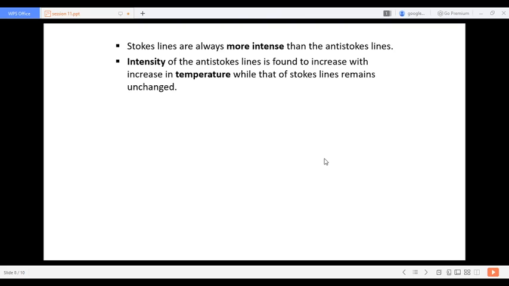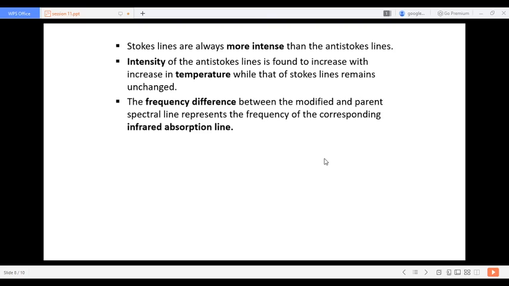Stokes lines are always more intense than the anti-Stokes lines. The intensity of anti-Stokes lines is found to increase with the increase in temperature, while that of the Stokes lines remains unchanged. That is why in the apparatus we use the water jacket to keep the temperature of the scattering material constant.